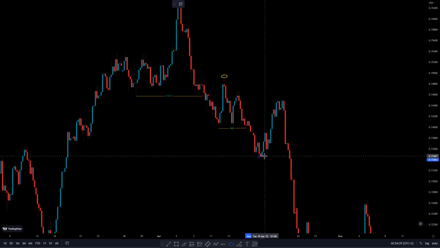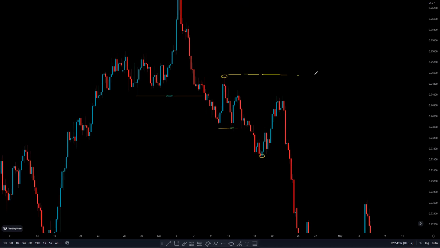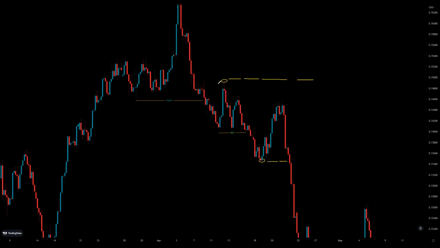So anything that happens between these two points, as I've said, is just internal structure. Anything that happens between here and here is just internal structure. So just because the price can go as far as here doesn't mean the price has changed. It hasn't changed. The price is still bearish.